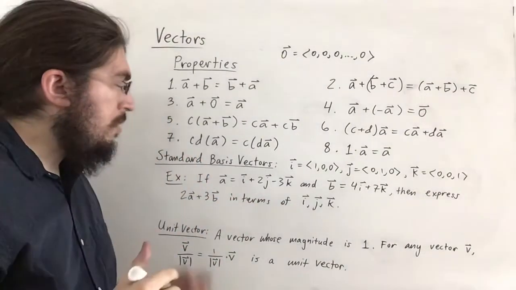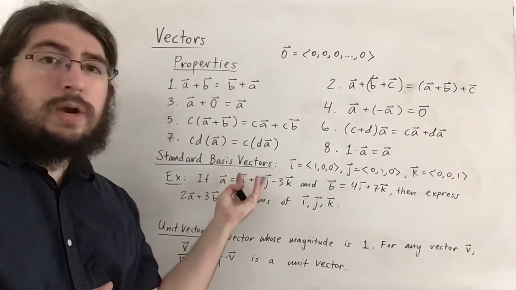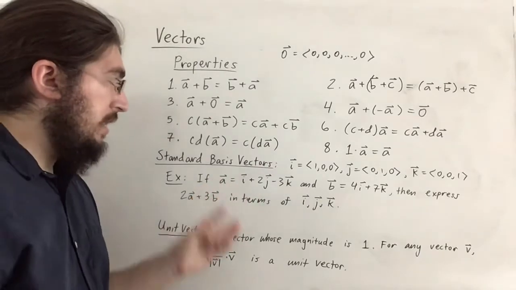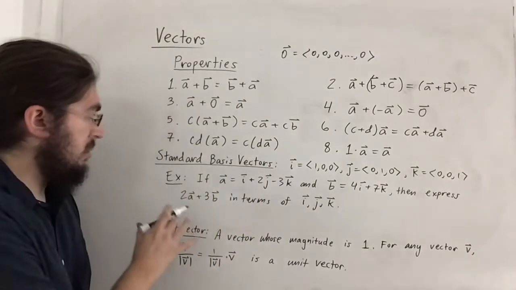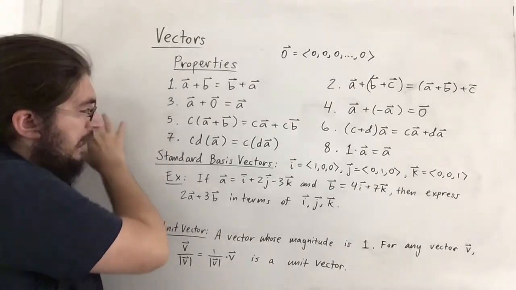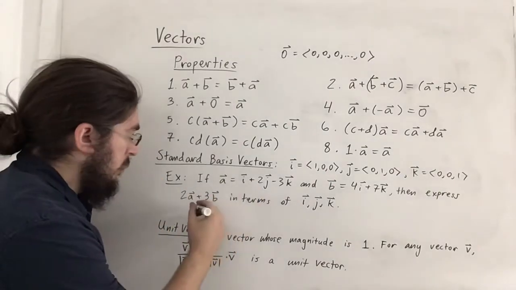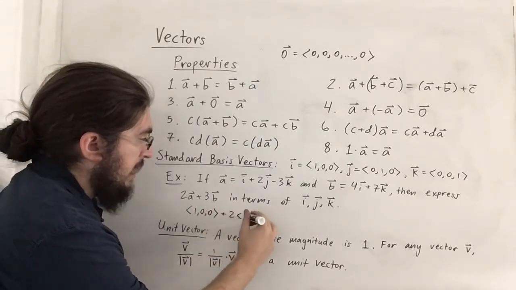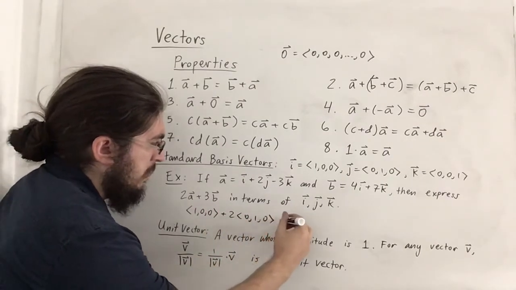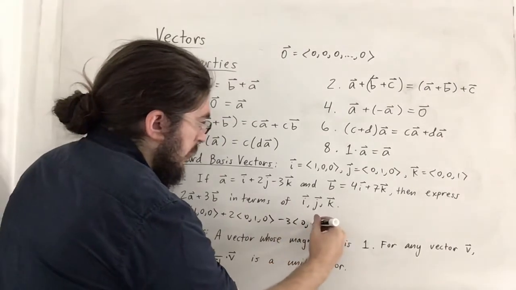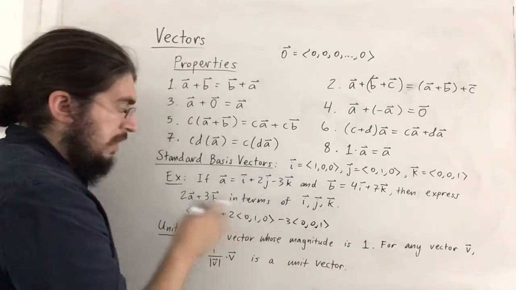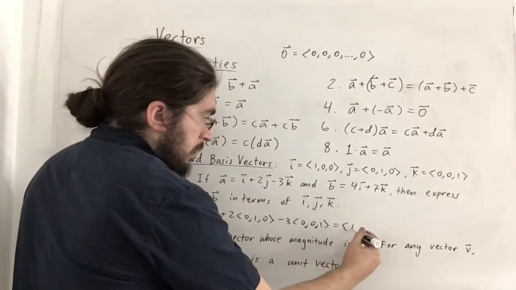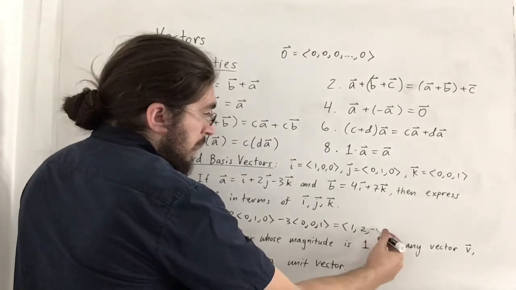One thing you can think of is that i plus 2j minus 3k really is just, and I'll write this off to the side to show you, i is 1, 0, 0, j is 0, 1, 0, and k is 0, 0, 1. If we scale and combine these, and I'll allow you to verify this on your own, you legitimately just get what you expect, 1, 2, negative 3.